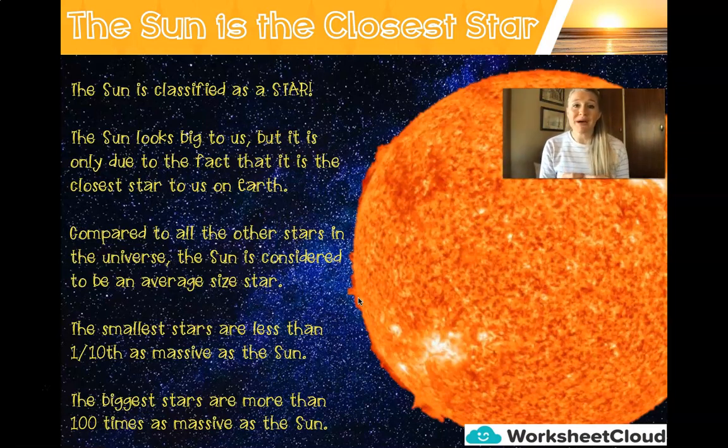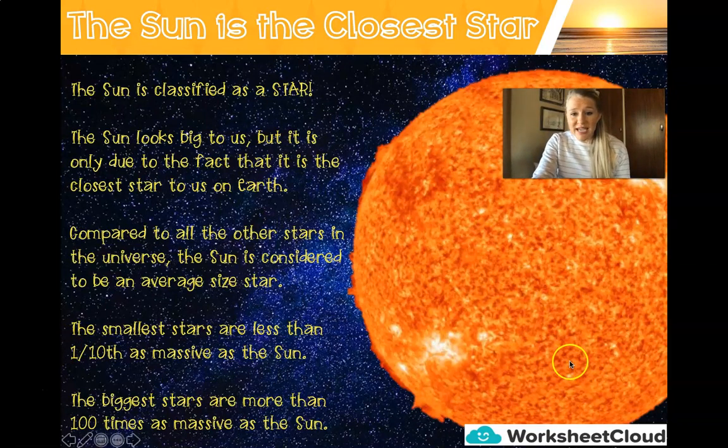But when we talk about an average size, if we look at all the stars collectively, most of them would be about the same size as the sun. It also says over here, the smaller stars are less than 1/10 as massive as the sun.